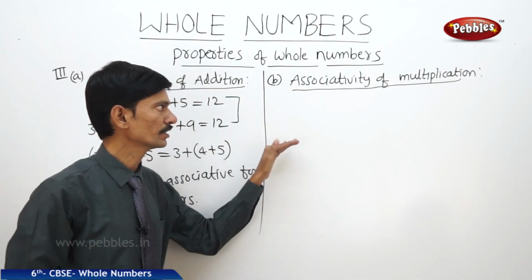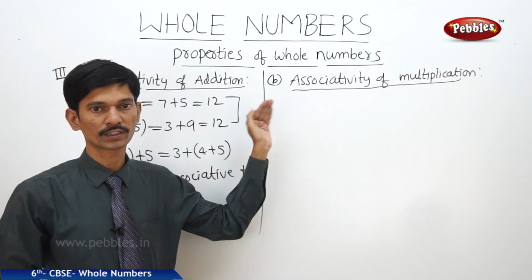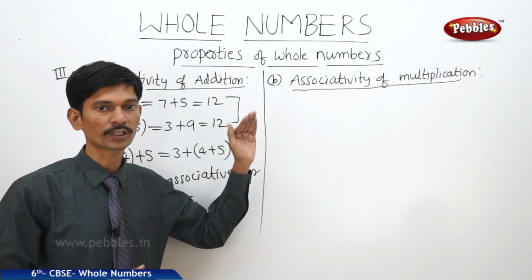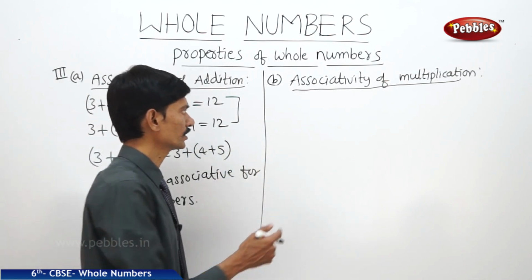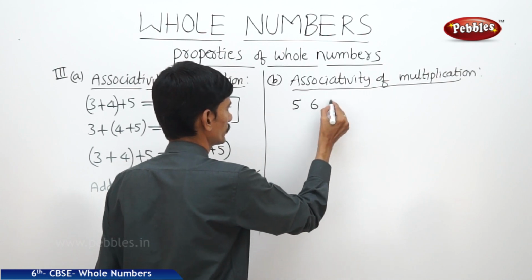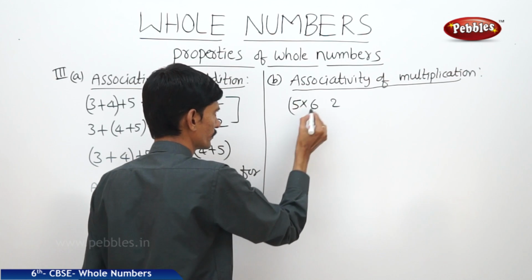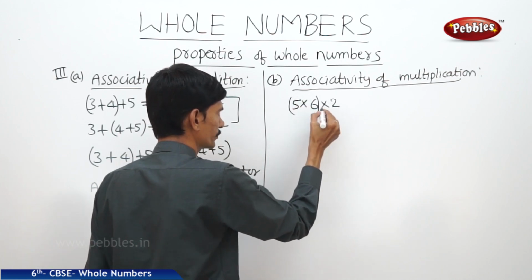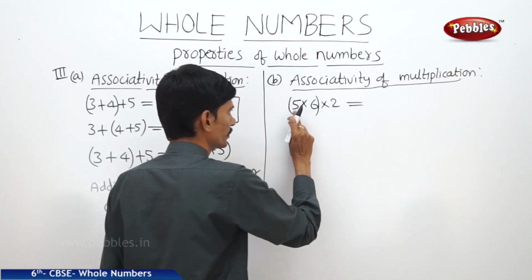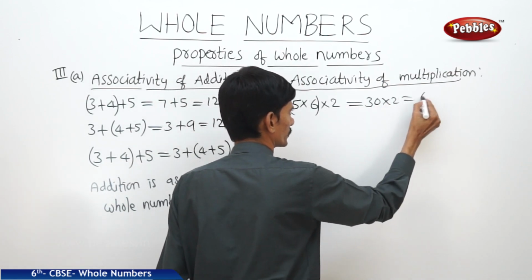If you multiply any two whole numbers and this product is multiplied by the third whole number, then the product will be the same. Now let us take an example. Take 5, 6, 2, any three whole numbers. First we will multiply 5 and 6, and this product is multiplied by 2. So 5 6s are 30, into 2 equals 60.